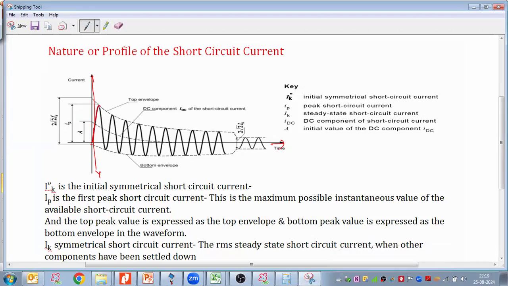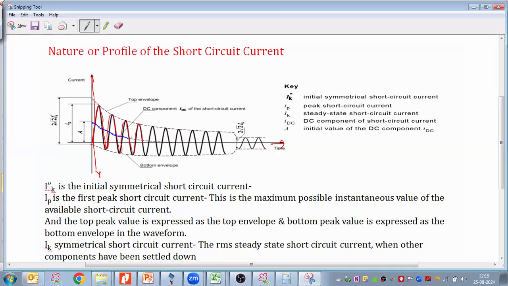Due to the DC component, your symmetrical current is shifted up and down, and it becomes asymmetrical. You can see here on the positive side it is going high, but on the negative side it is just small, then coming down here. It is the shifted symmetrical current, or asymmetrical current, plus it has a DC component.